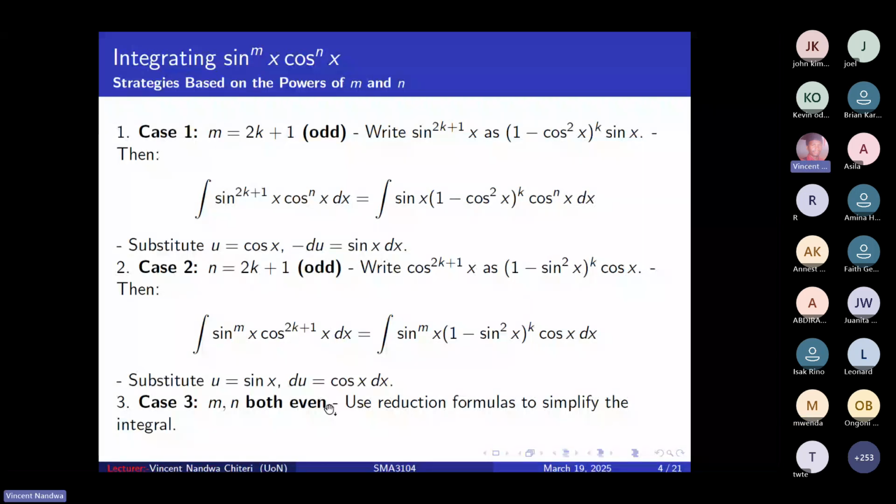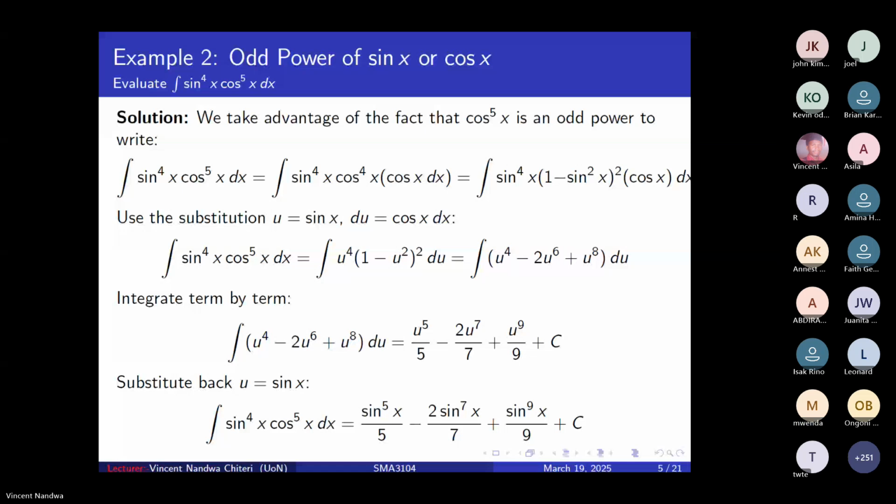So this example 2, where one of the powers of the product of sine and cos function is odd, and the other power is even. When any of the powers is odd, then you are lucky and the problem is easier to solve, because what you are going to use to transform the integral into solvable form is just the identity you always know, cos squared plus sine squared equals 1.